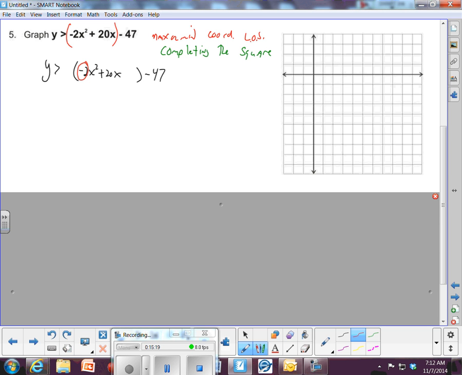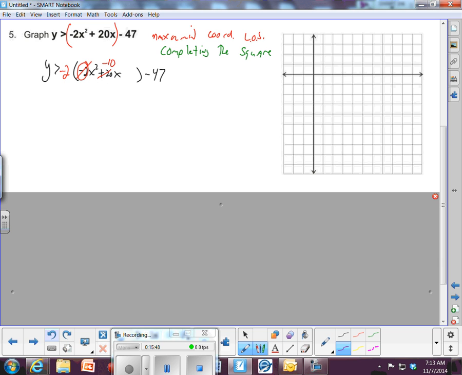I've got to factor out that negative 2. So if I take that negative 2 out, that becomes 1, and this becomes a negative 10, right? It's just as if I divide it by negative 2. A negative 2 times a negative 10 is indeed a positive 20, and then times the x is x. Okay, so that's what I needed to do.